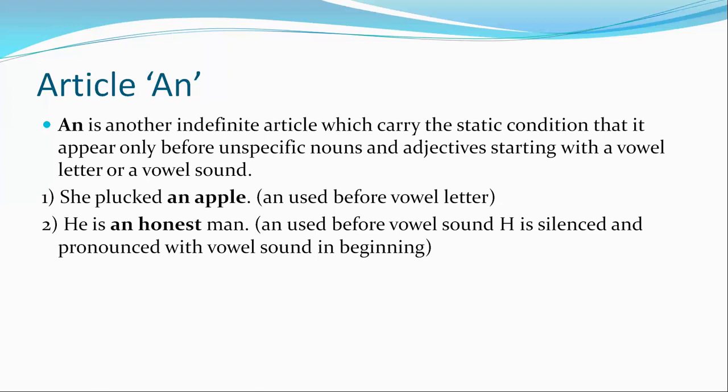Considering this phonetically again, the first letter of this word honest, H, is silent here, and it begins with the sound O, that is the vowel sound O. And so we should consider this as a word beginning with a vowel, and we should use the article an before this noun.